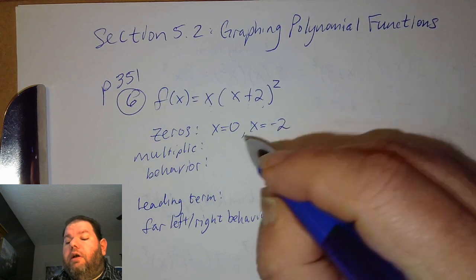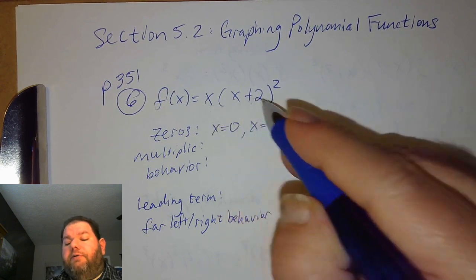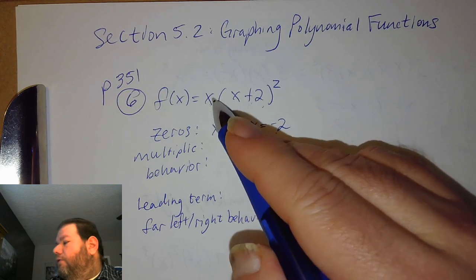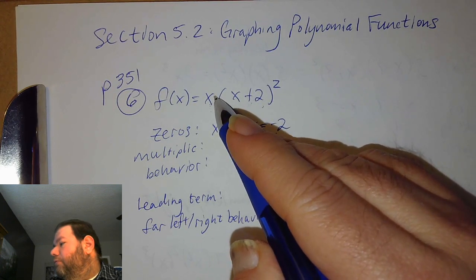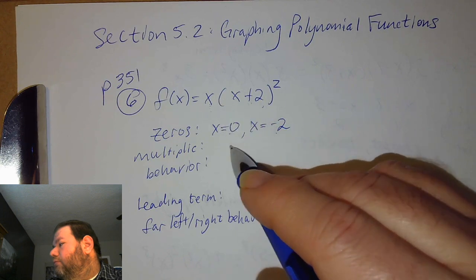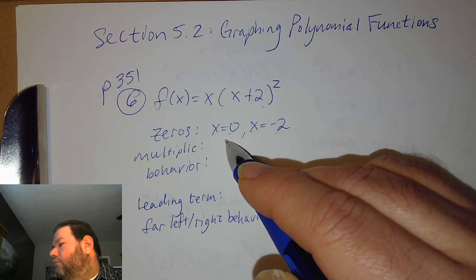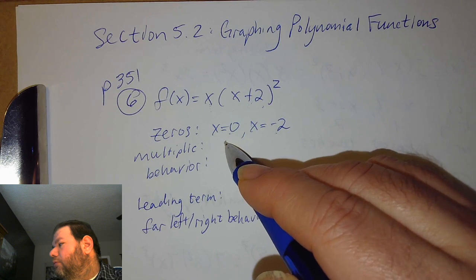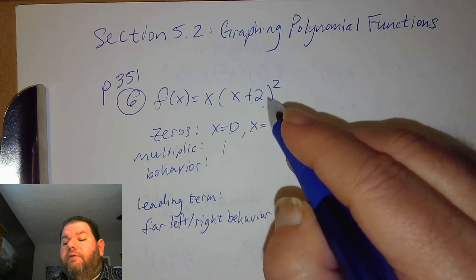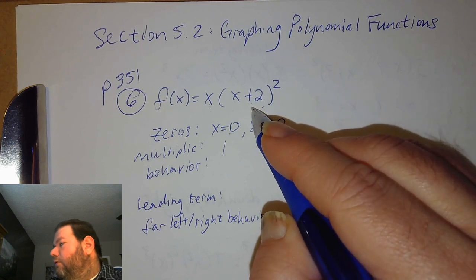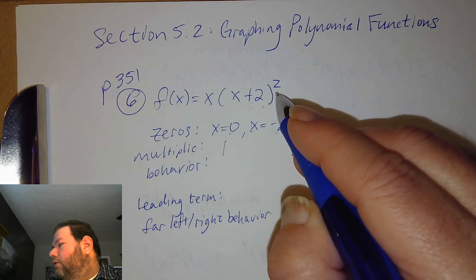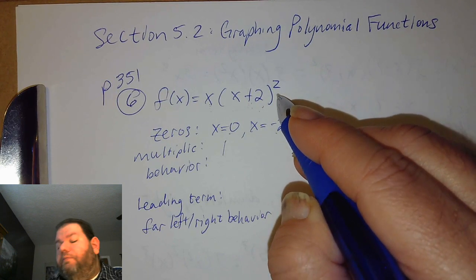Good. We just set each part equal to 0, so we get those two solutions. The multiplicity for 0 is one, and the multiplicity for x equals -2 is two.